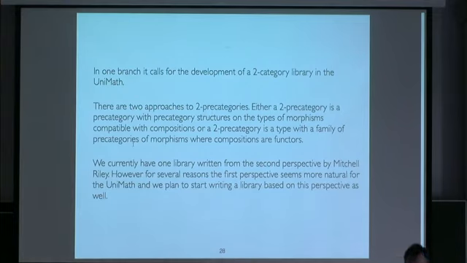So we have a library started by Mitchell Riley using the second approach. There are some considerations suggesting that the first approach may be more convenient for various purposes. So it's likely that we'll have two branches which will weave together to have a common development.